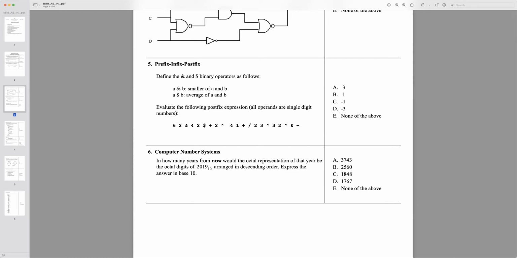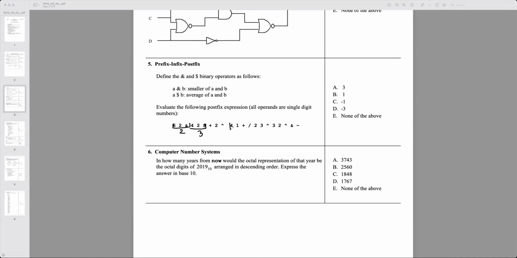All right. Stupid pen. Anyways, let's do this. 6 and gets the smaller of the two, right? Which one is smaller? If we look at it, it's simply 2. And then we're going to go first level, 4 and 2. We're going to get the average.